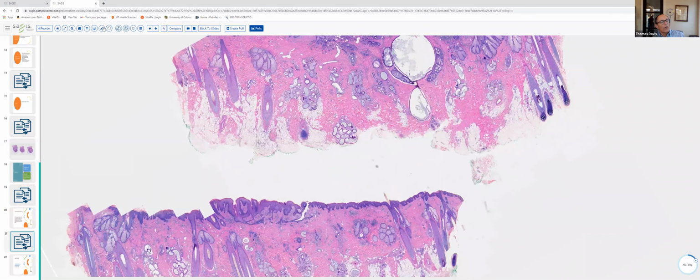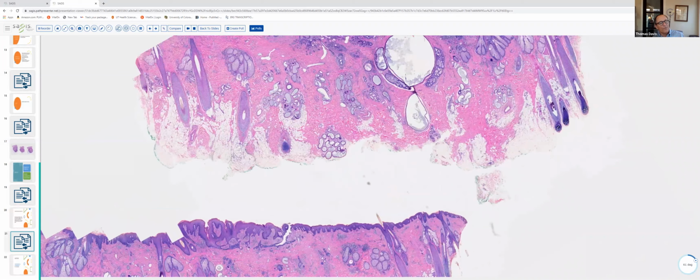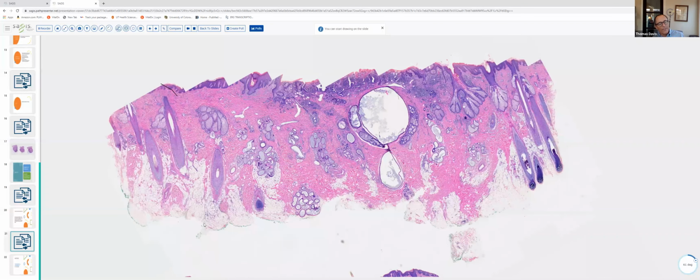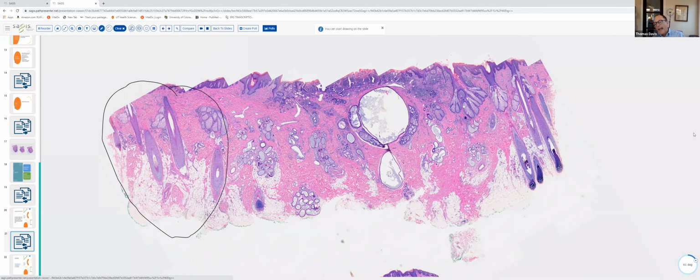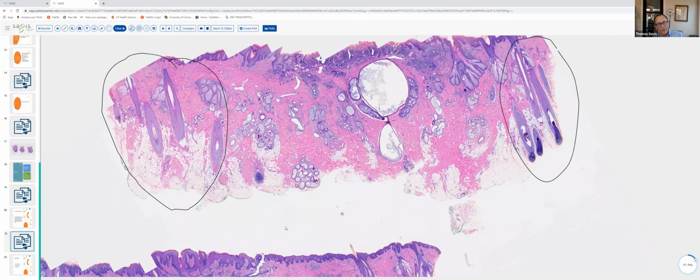You can see hair follicles here embedded in the fat, and hair follicles over on the other side of the specimen embedded in the fat. But we've got a central area of alopecia. There are no terminal hair follicles here, and that's quite characteristic of a nevus sebaceus.